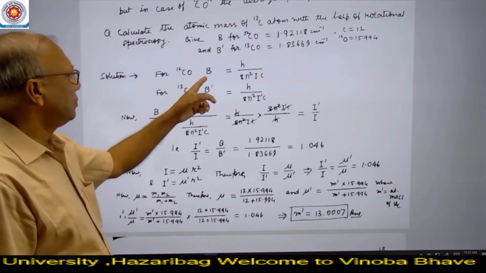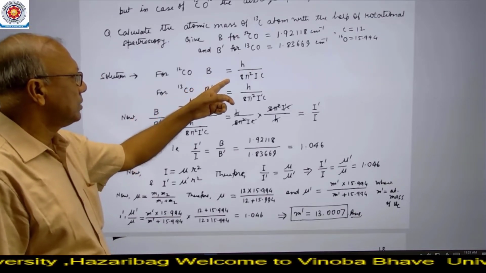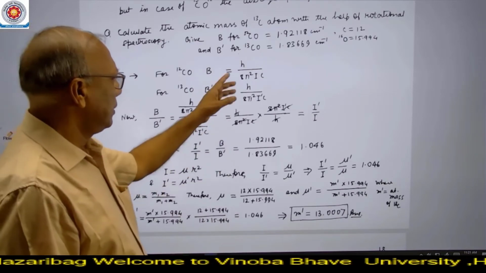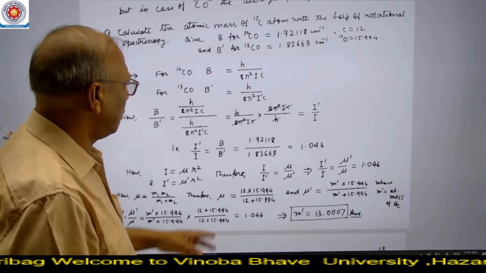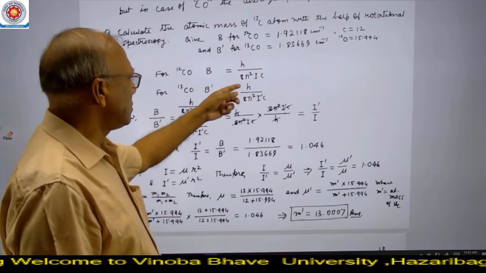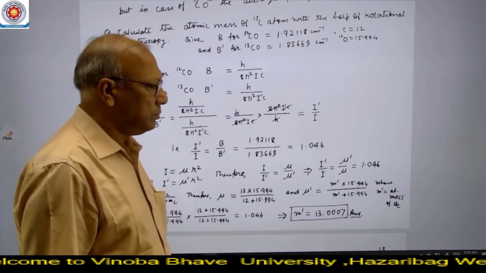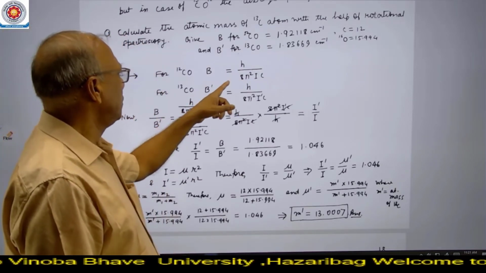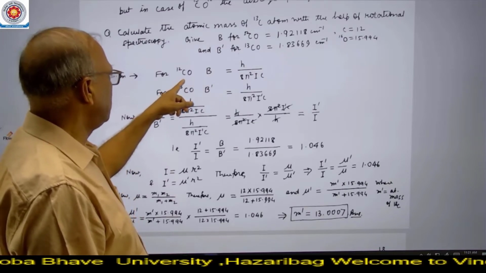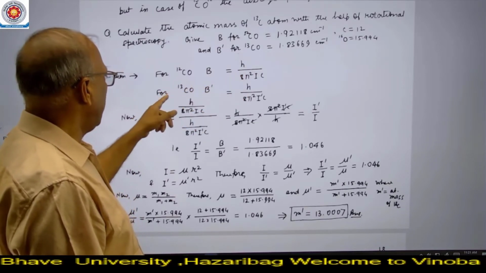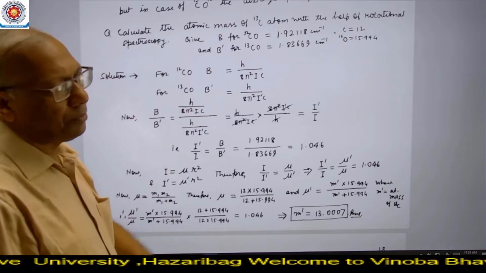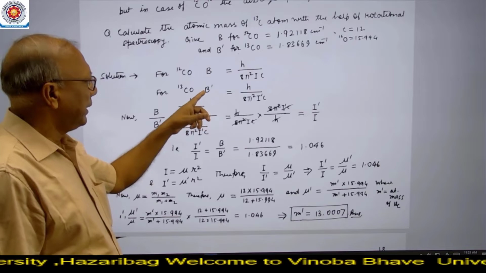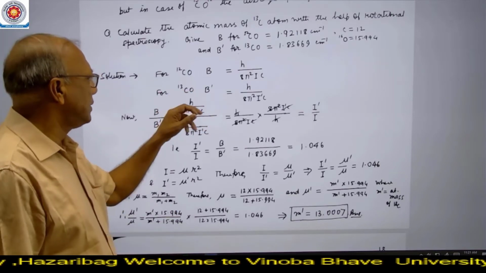So we know the value of B is written as h by 8 pi square I c, where the terms have their usual values. h is the Planck constant, I is the moment of inertia, and c is the velocity of light. So if this B value is written for carbon monoxide, we write this one, and if the B value is written for carbon monoxide with substituted C13 atom, then a prime or a dash is written.